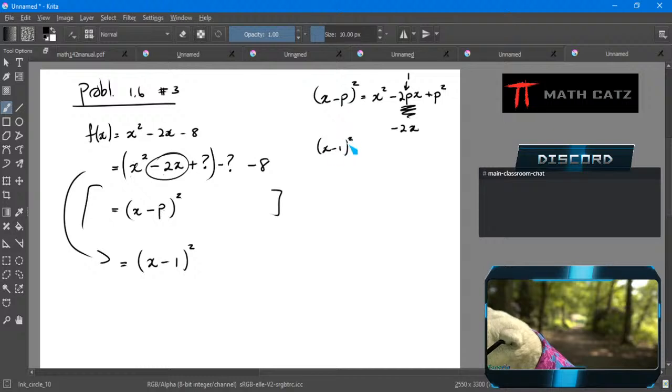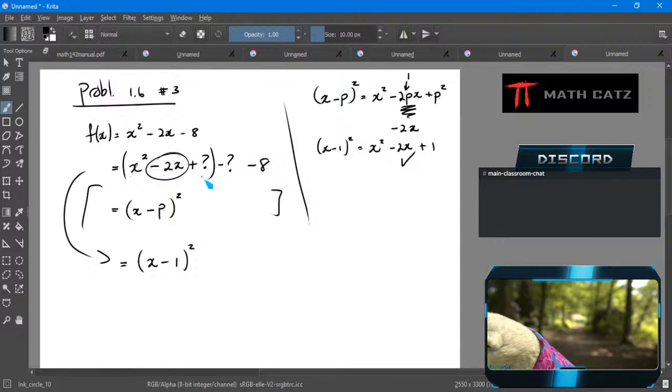X minus 1 squared will result in the first one squared, the product of the two times two, the last one squared. So now that negative 2x term is correct. So I have to choose the appropriate p value so that I get the middle x term what it needs to be.